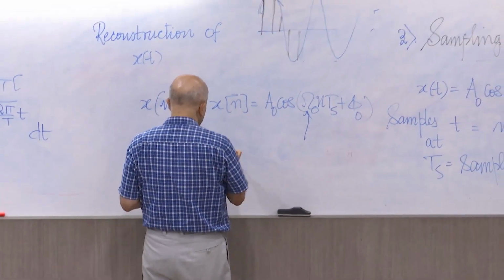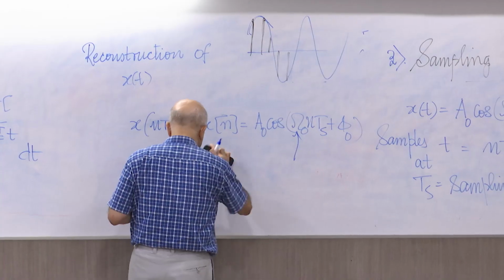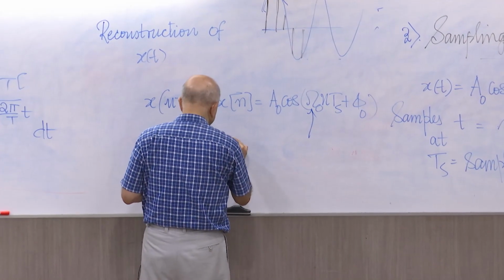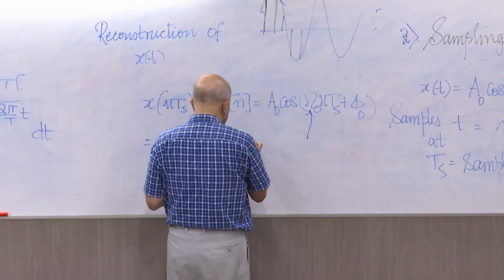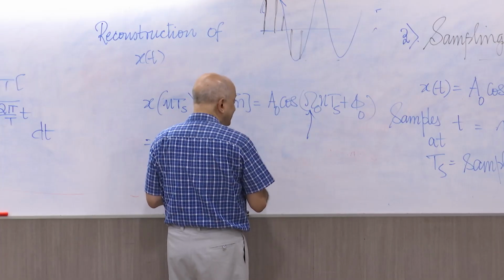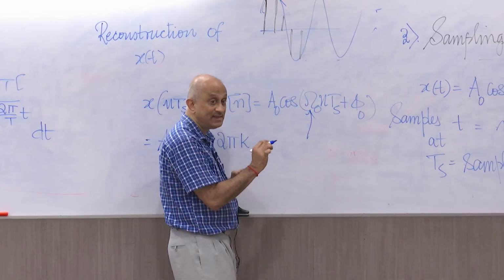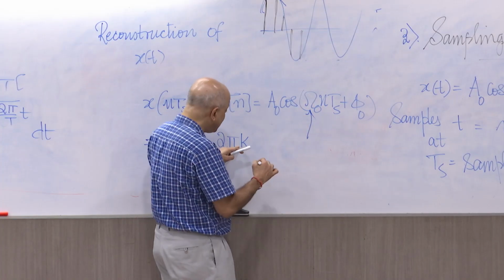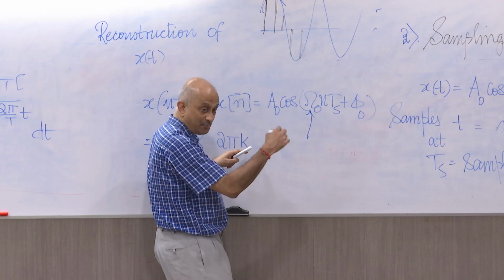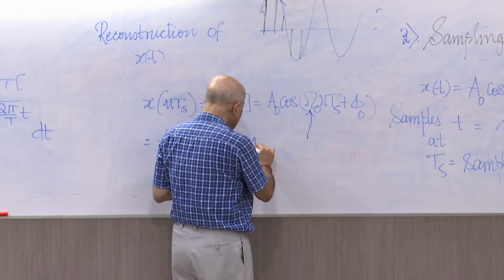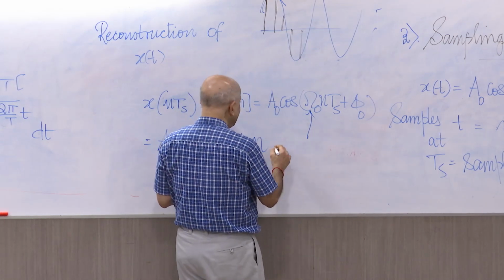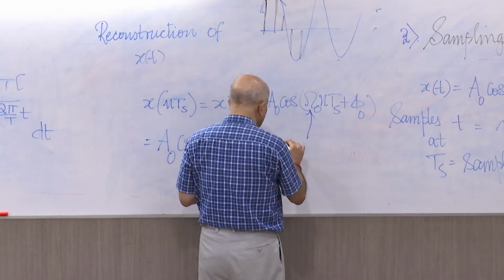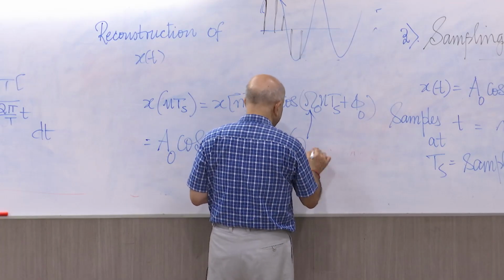So you have 2 pi times k, and you want to bring in sinusoids, so you also want the sampling instant to come in. So I keep not only an integer multiple of 2 pi, but also the instant: 2 pi kn plus minus what you have inside the bracket.